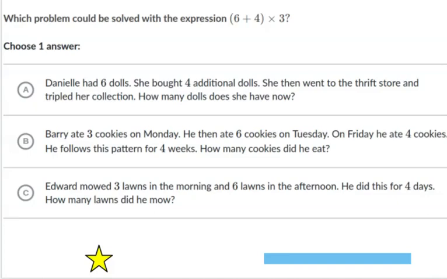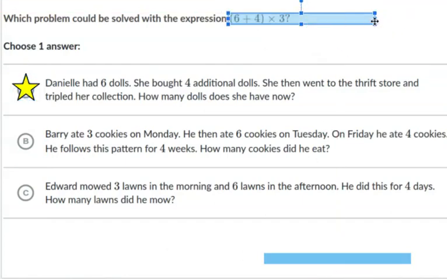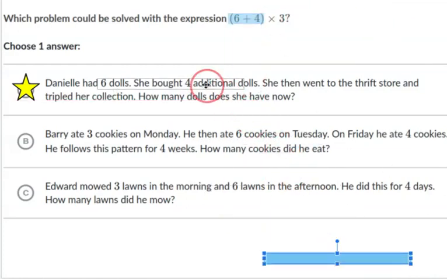All right, guys. So for this one, you should have selected answer choice A because you can see that the parentheses, the 6 plus 4, and we would say that as the sum of 6 and 4, that's being represented right here because Danielle has 6 dolls and gets 4 more.